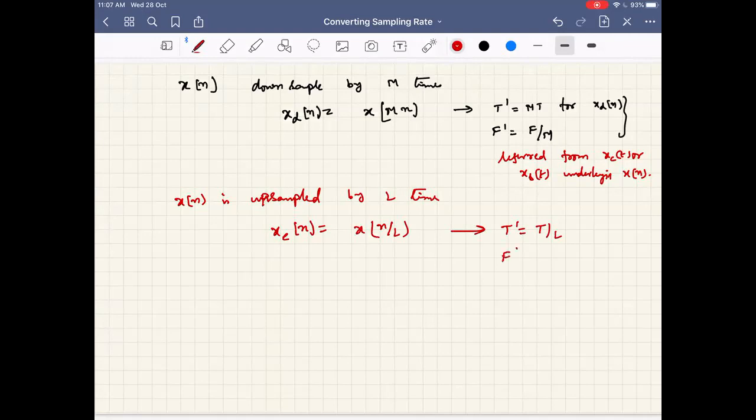Similarly, f dash, the corresponding sampling frequency, will increase by L times. We are getting L times more samples per second, again with reference to the continuous xc of t or xs of t underlying x of n.